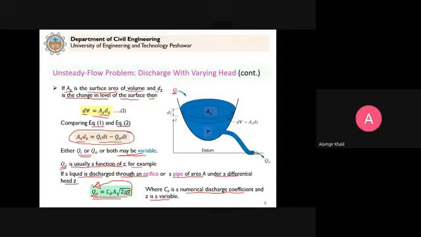Because Q0 is usually a function of Z, and Z is variable, Q0 is variable. Clear? We can see from this formula. This is for the outflow. So commonly, in the cases that we study, Q0 is variable, a function of Z or H. So Q0 commonly varies with time.